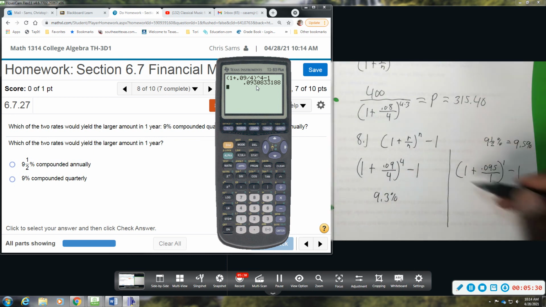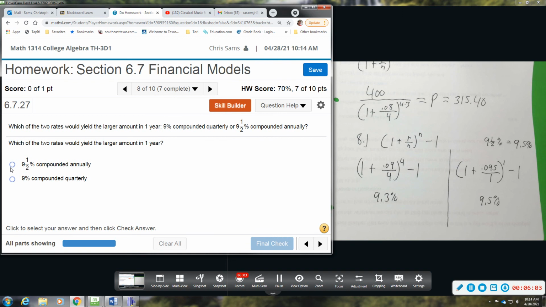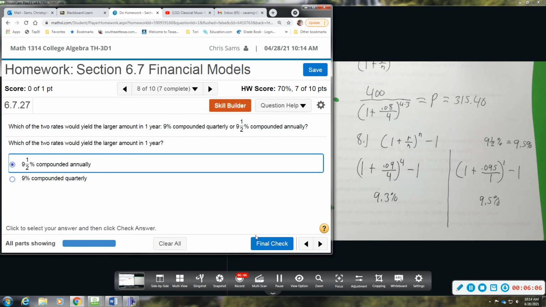Okay, and then over here, that will simplify to just 1.095, because you just divide by 1, adding that, and then we would subtract 1. So it should just give us 0.095, which is about 9.5%. So it looks like the 9.5% would be the better, in this case, using effective interest rate.